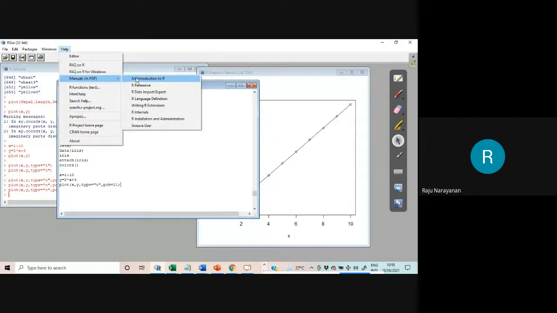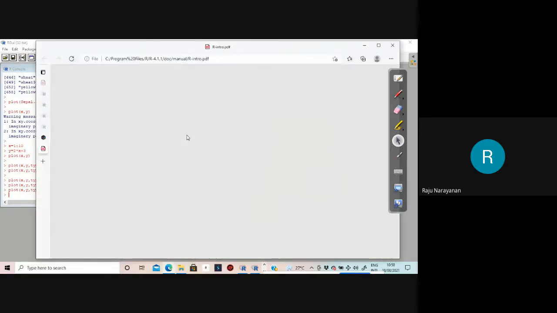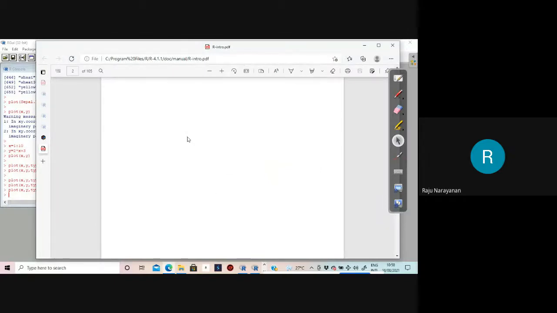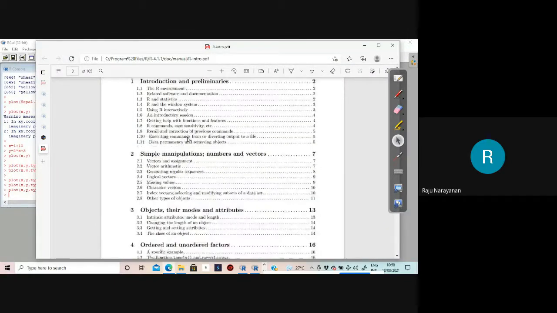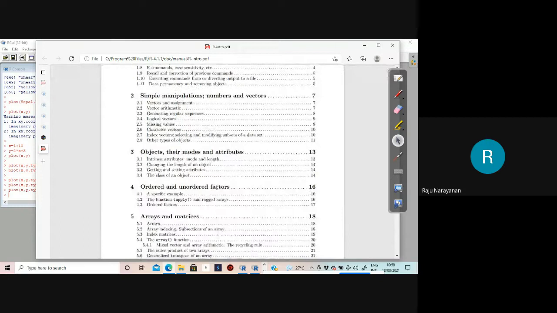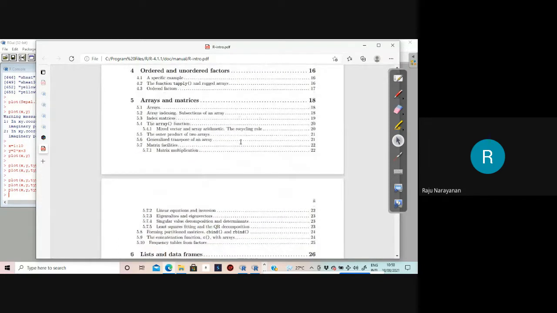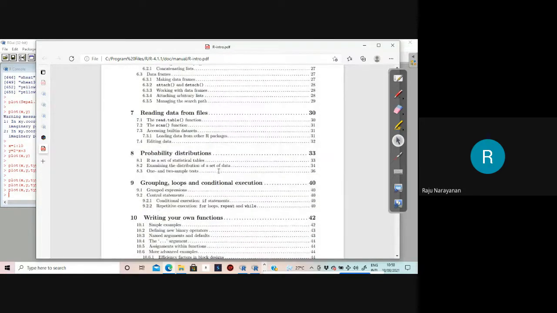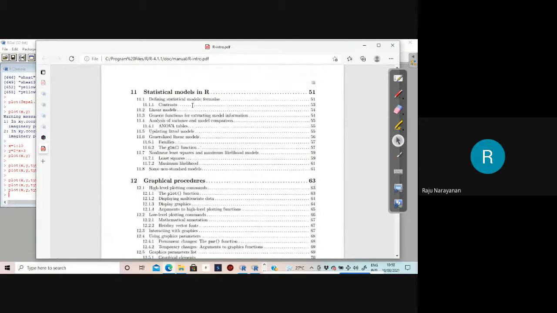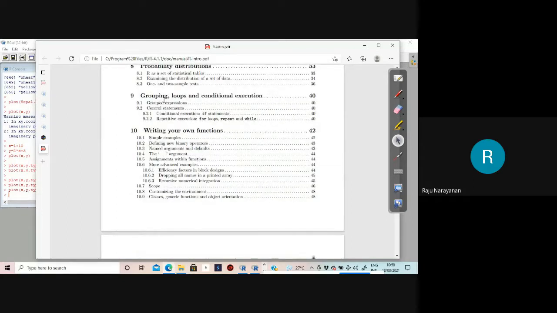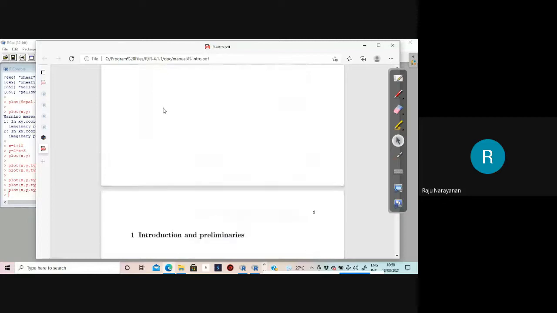An Introduction to R manual. Yesterday we saw an introduction to R, simple manipulations, numbers, objects and their modes, ordered and unordered arrays and matrices, lists and data frames, reading data, probability distributions, grouping, loops, writing your own functions, statistical models, graphical procedures. If you go to page number 63, you can see all those things.